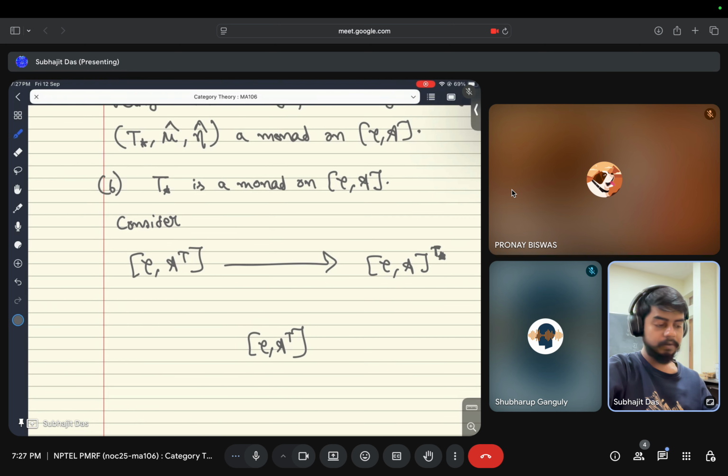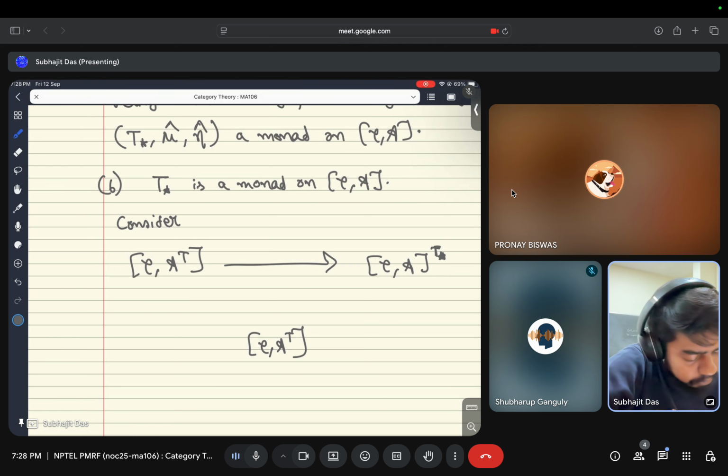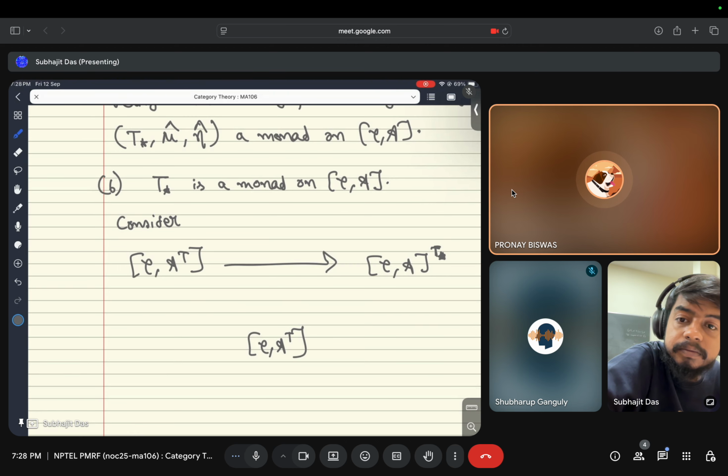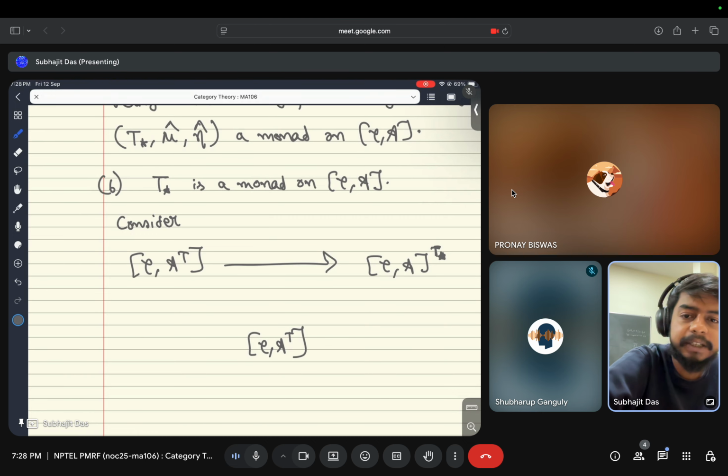Okay. The domain category, yeah. Oh, yeah, there is a natural functor, right? You can think of here.